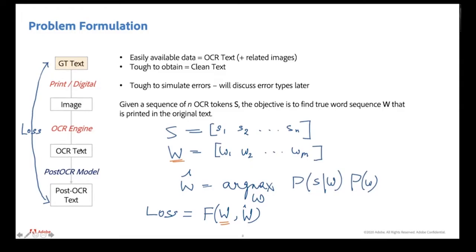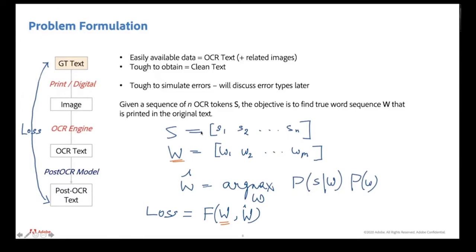The idea is to build a model which generates post-OCR text that is as close as possible to the ground truth text. The problem is that OCR text and related images can be easily available, but this clean text is not something that we have available. It's also very tough to simulate errors, which I will show later. But roughly, this is the problem.